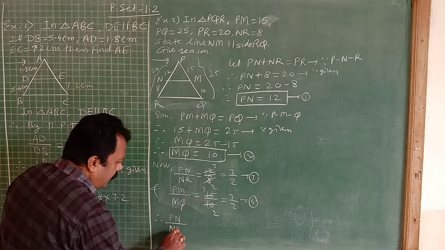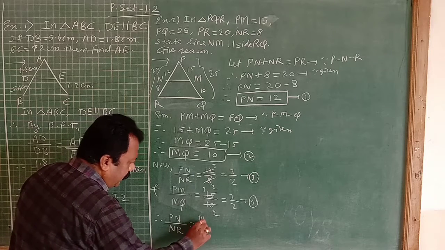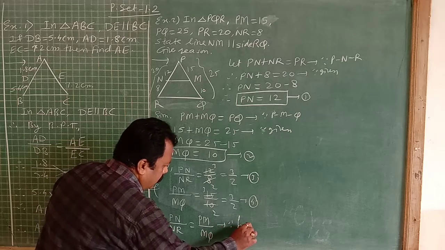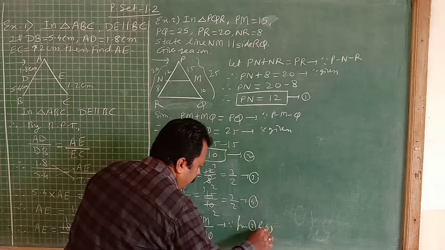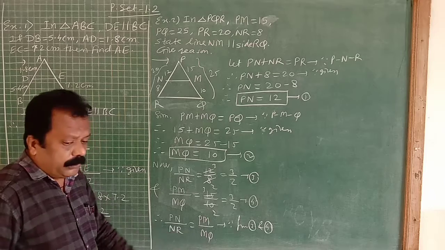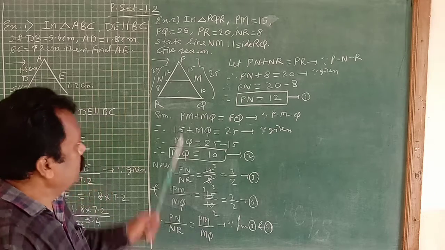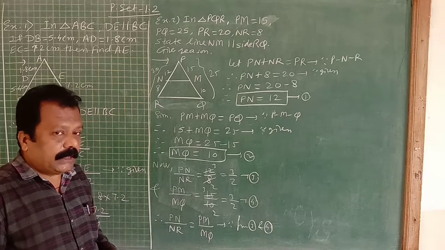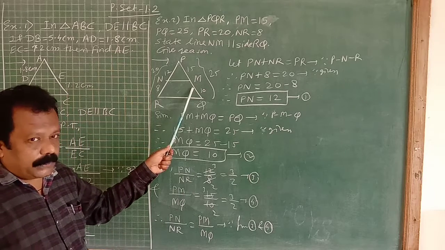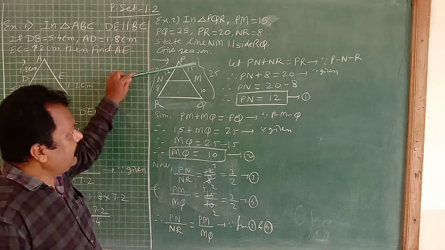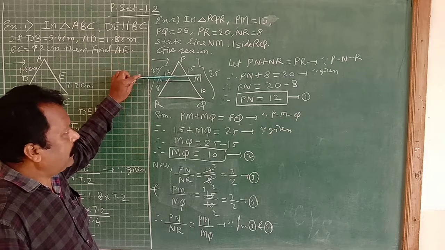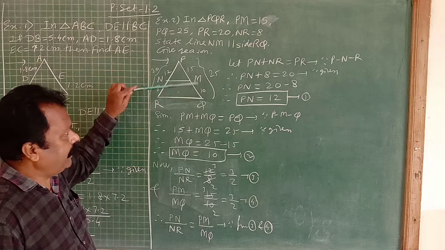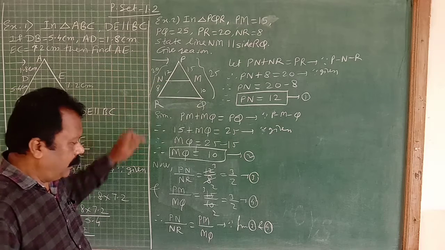PN upon NR is equal to PM upon MQ. If these two ratios are equal, they are in proportion. If they are in proportion, then line NM is parallel to side RQ.